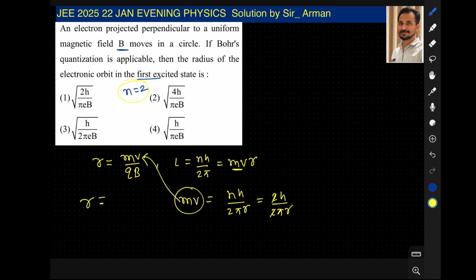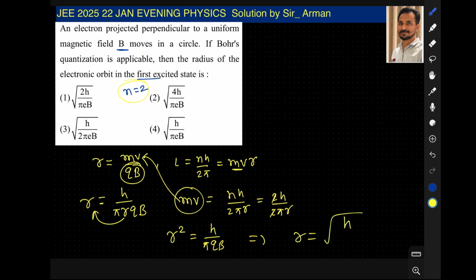So r is equal to h upon pi r, and qB here we have, so here it is q into B. Now take this r here, so r square will be equal to h upon pi qB. So r will be equal to under root h by pi qB. Q is the charge of electron, so it is e, and B. So option number 4 is the correct one.